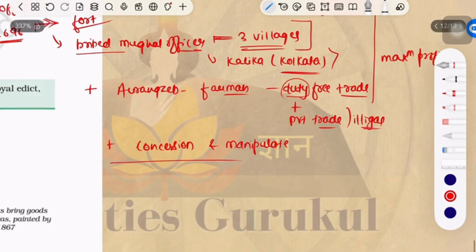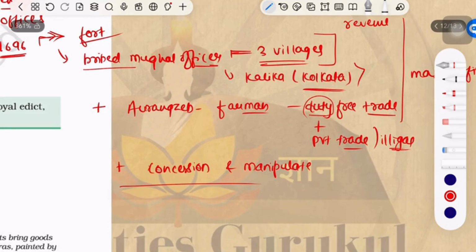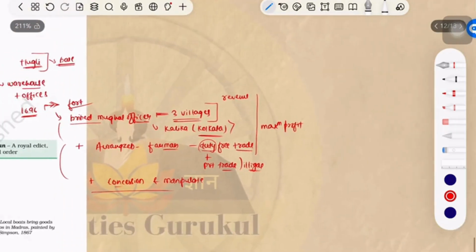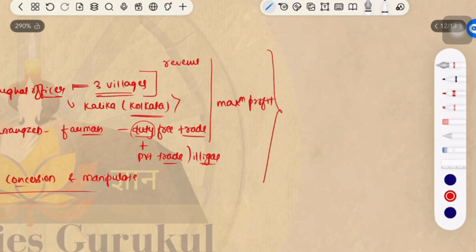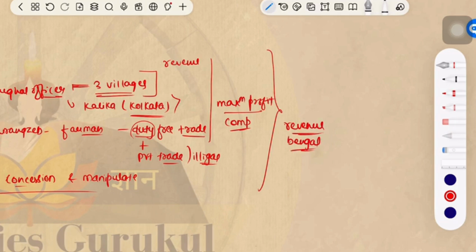So as their desire increased, they just wanted more concessions. Because of all this, there was maximum profit for the company, but it was hampering the revenue collection for Bengal. So it was profit positive for the company, but negative for Bengal.